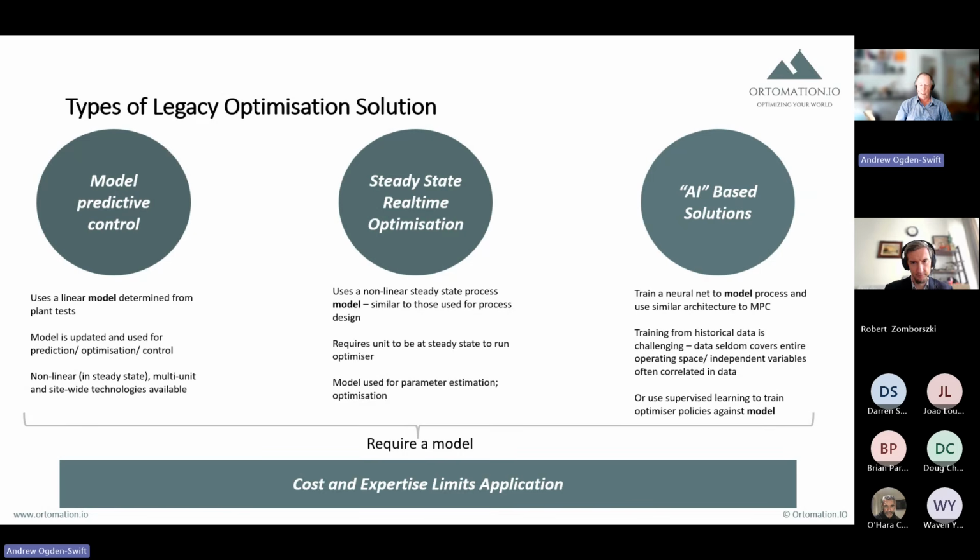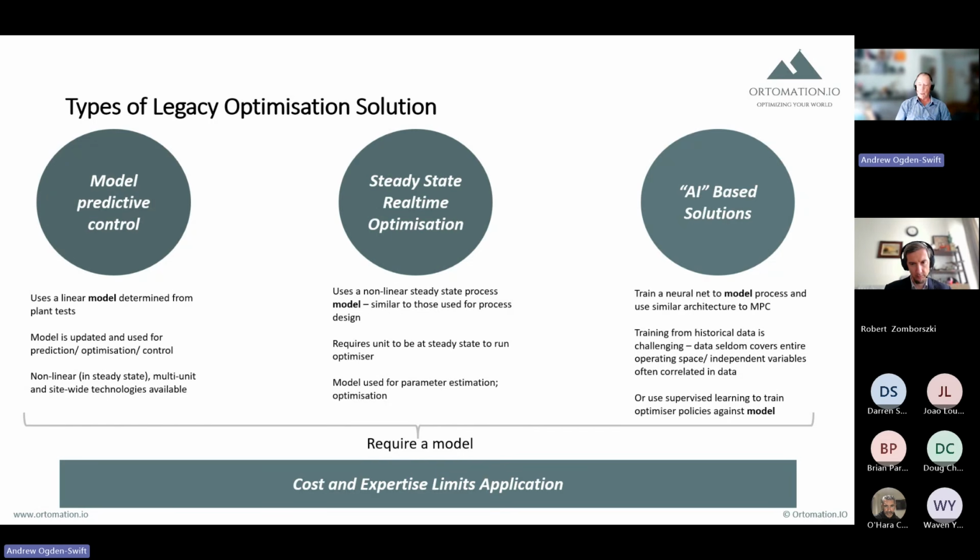So there'll be a steady state check. You update the model to match the plant, and then you run the optimizer, check it's still at steady state, and output the optimal values to the adjusted controls. And as I mentioned at the bottom, the model's used for parameter estimation, for update, and for optimization. And that's been around again since the late 80s, early 90s.